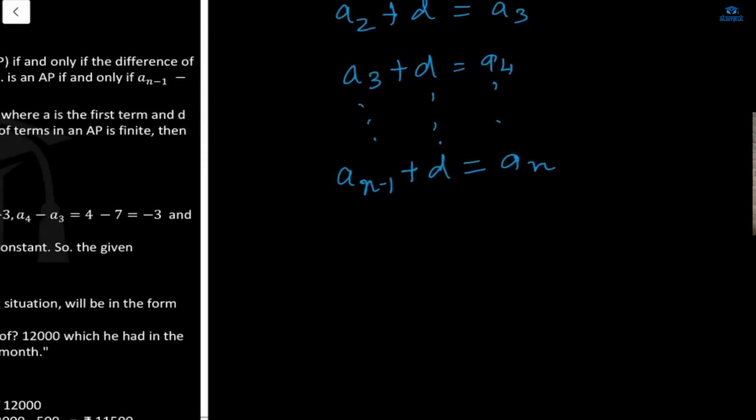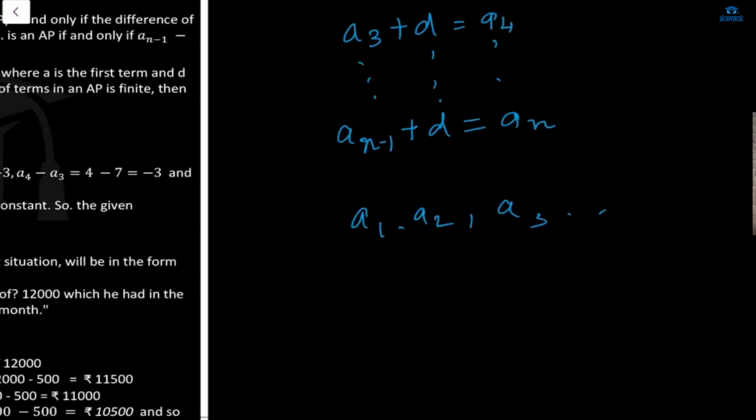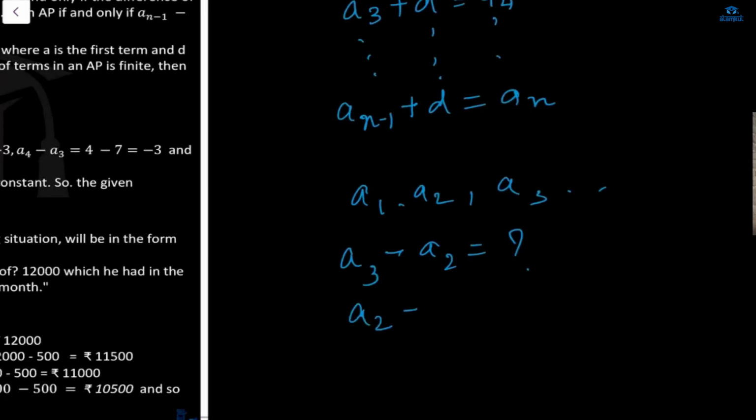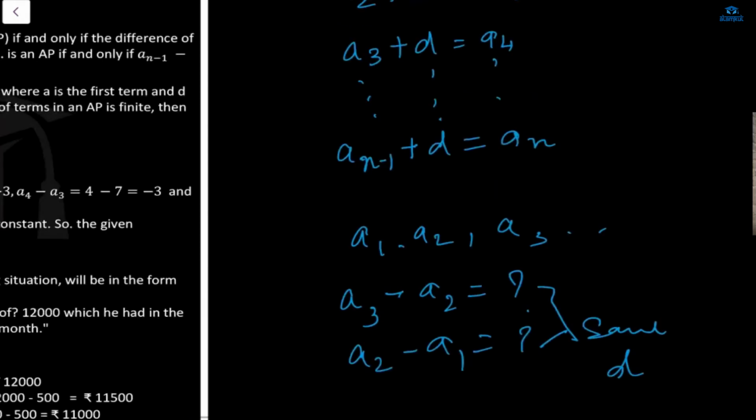For example, A1, A2, A3 is given. Subtract the preceding number from the succeeding number and you will get the common difference. You can check by doing A3 minus A2, and then A2 minus A1. If these are the same, it is a common difference and it is an arithmetic progression. Any doubt about what an arithmetic progression is?